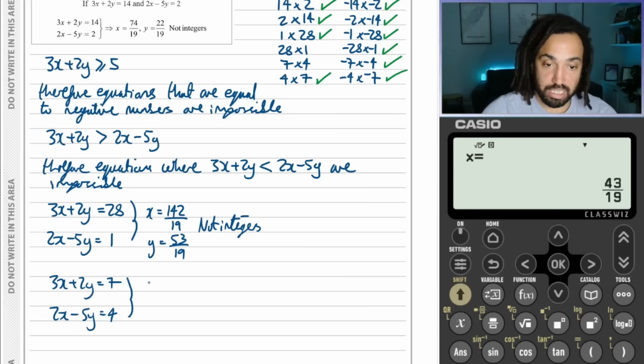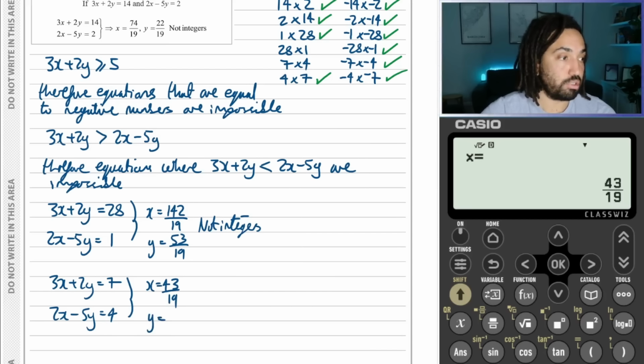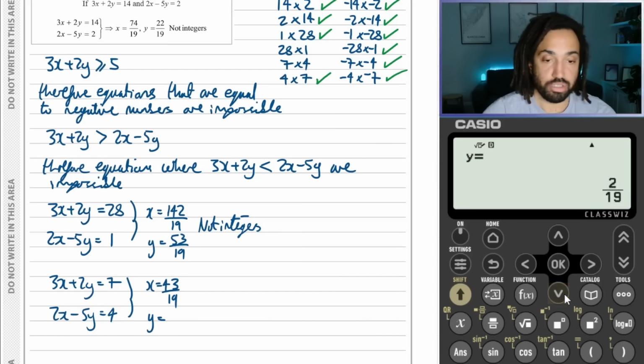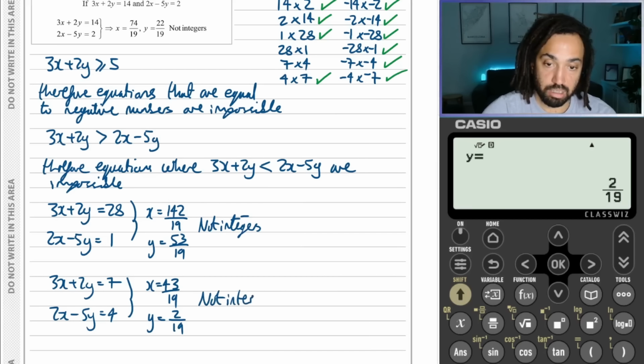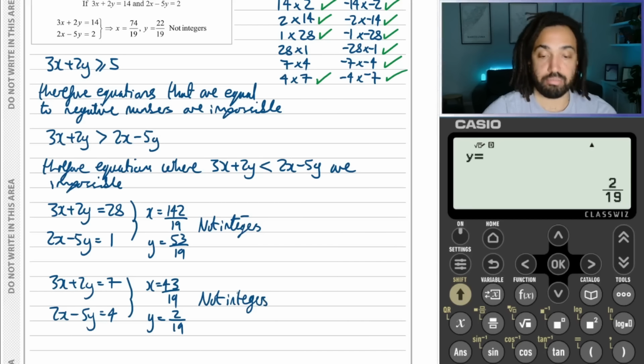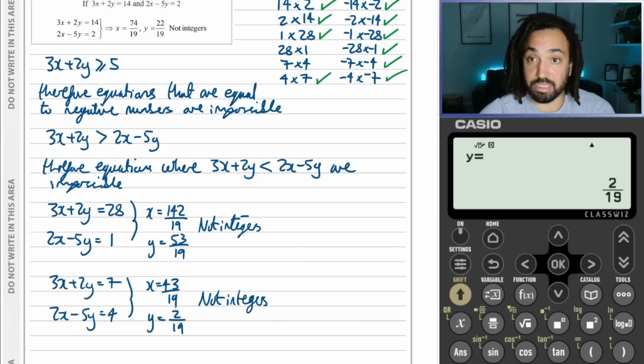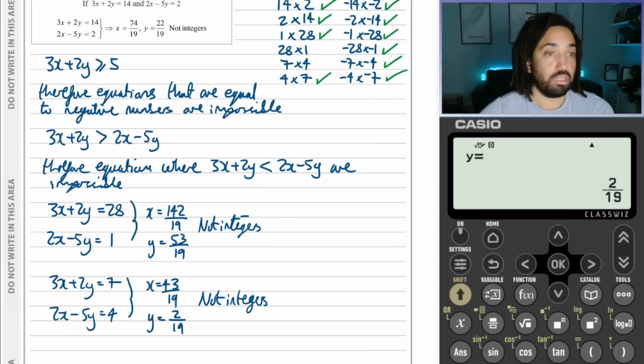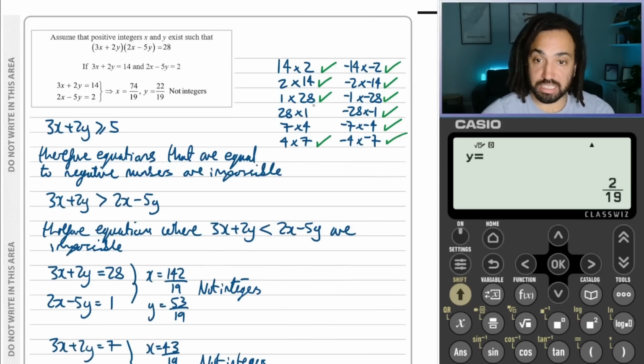And we get here x is equal to 43 over 19, and y is equal to 2 over 19. So these are not integers. Perfect. So that means that we have now checked all possible cases.